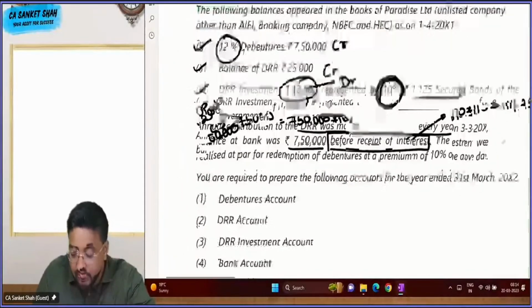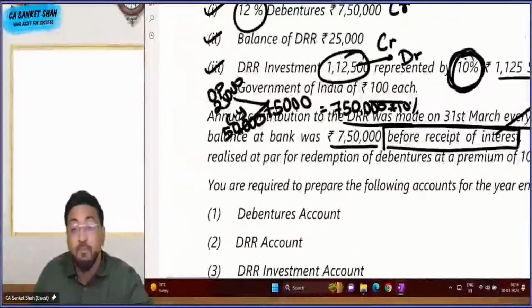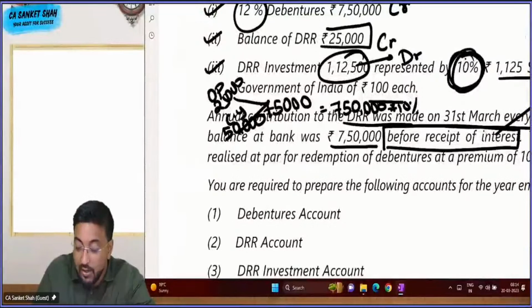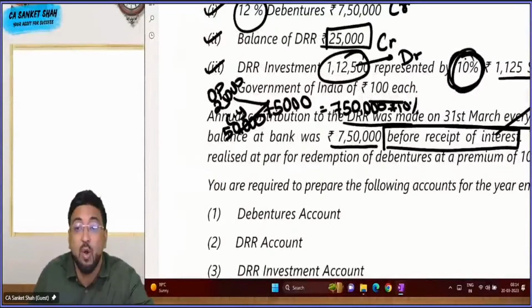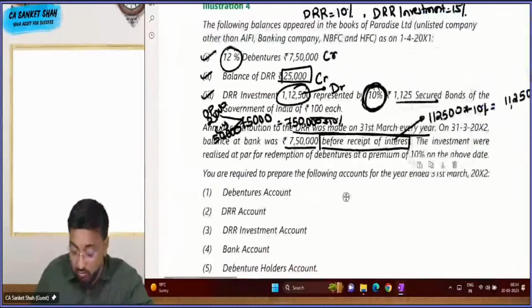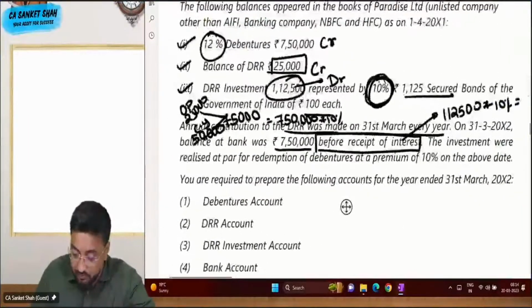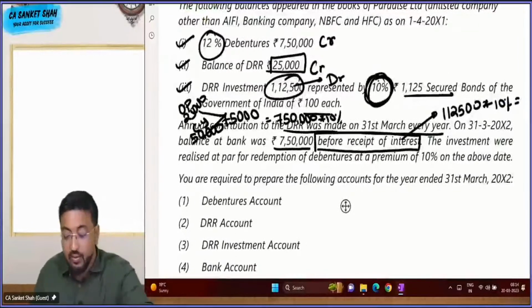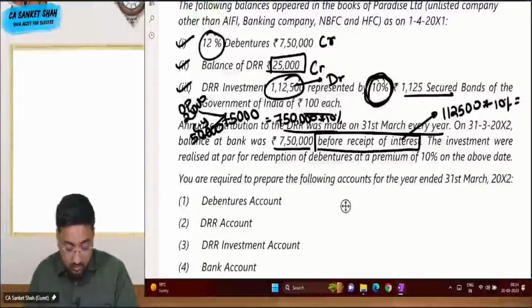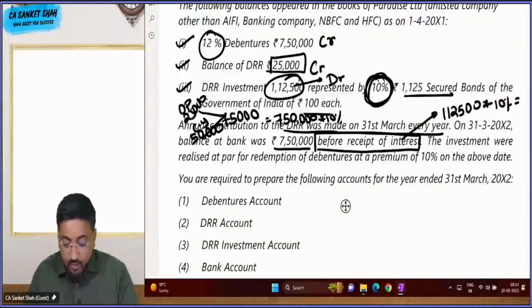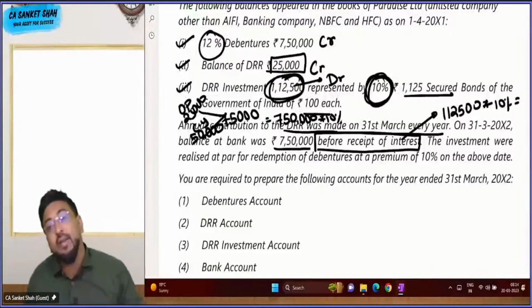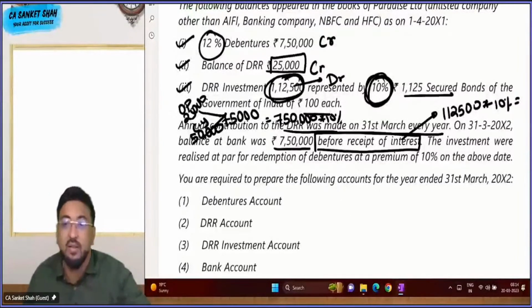Now you understood. 75,000 is beta, out of that in opening there is already 25,000. In DRR there is already 25,000. So during the year we have to pass entry for 50,000. And 15% of 7,50,000, 1,12,500 is already there in DRR investment.